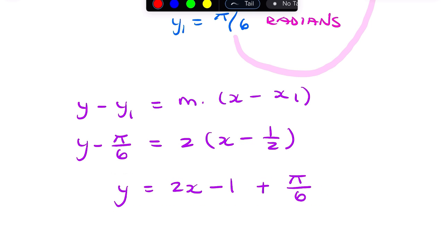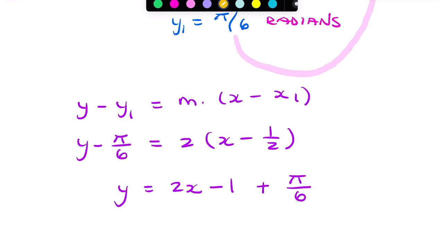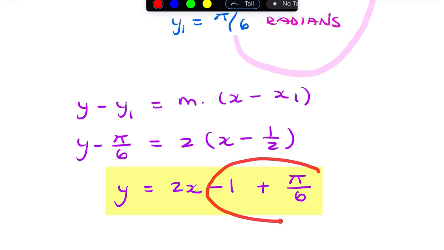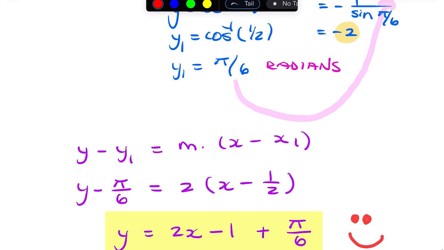So I've moved this to the other side by adding pi over 6 to both sides. And that's the equation of the tangent. So that's your final answer. If you didn't need it in exact terms, you could add that in your calculator, but that's the exact equation for the tangent at the point x equals 1 over 2.